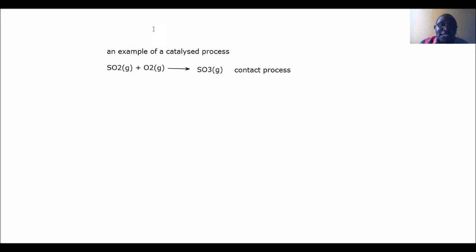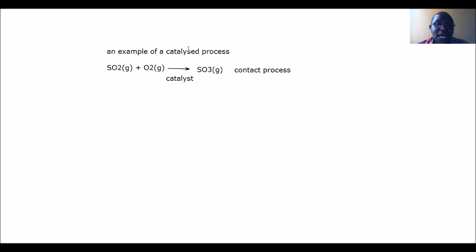I want you to know that in the absence of a catalyst, sulfur(IV) oxide cannot take any more oxygen by itself. There must be a catalyst here for this reaction to take place. So this is an example of an industrial process where a catalyst is used to reduce the activation energy for the reaction to take place.